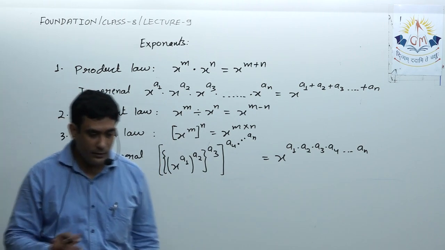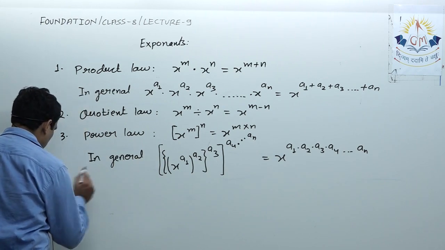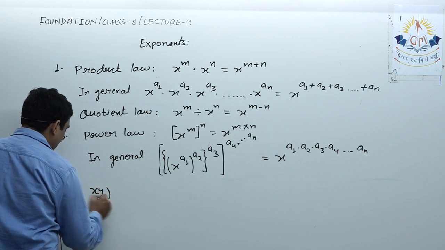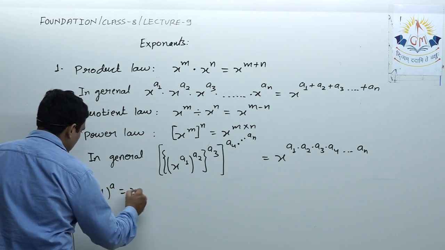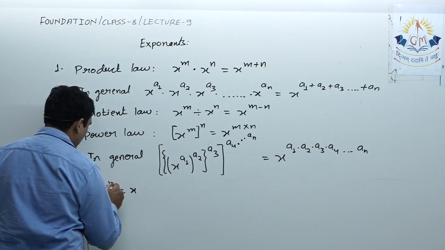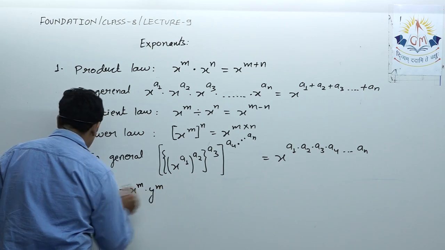Now there are some results, or I can say there is one more law. If I have x into y, the whole raised to m, that is x raised to m into y raised to m.